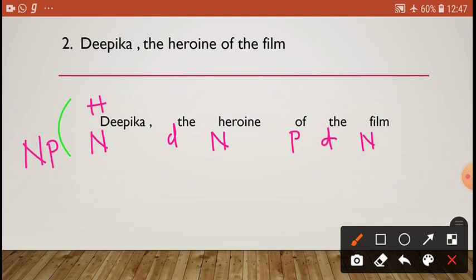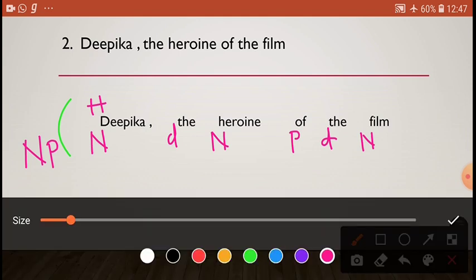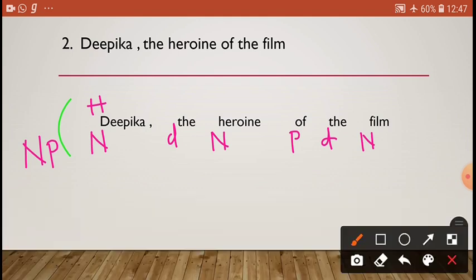So, yes, there is a phrase that functions as a modifier to Deepika, and the phrase is the heroine of the film.